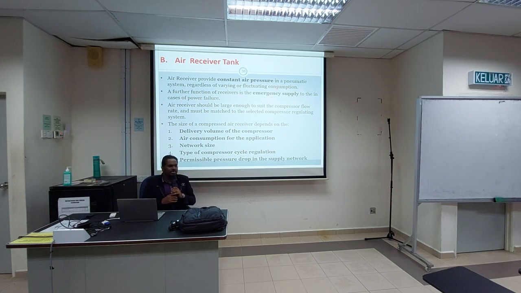Suddenly the compressor you are using is empty, with no compressed air inside. You can take the emergency tank like a gas tank, take a new one and connect it here for the continuation of the application. So emergency supply can be given, for example in case of power failure.